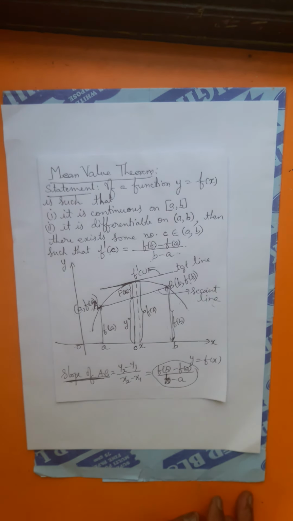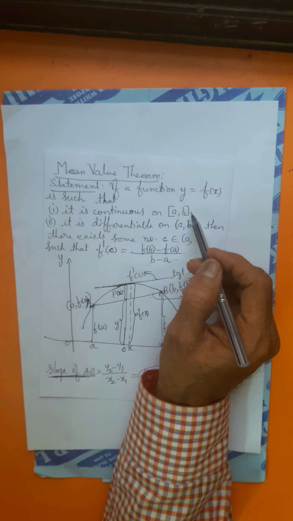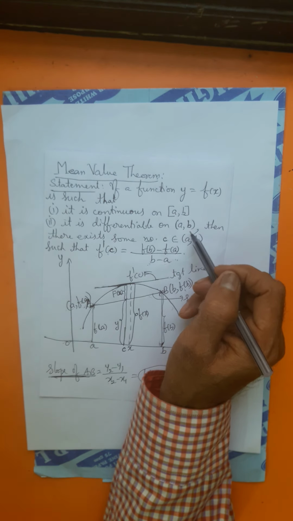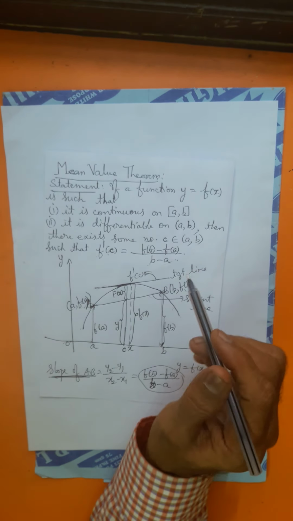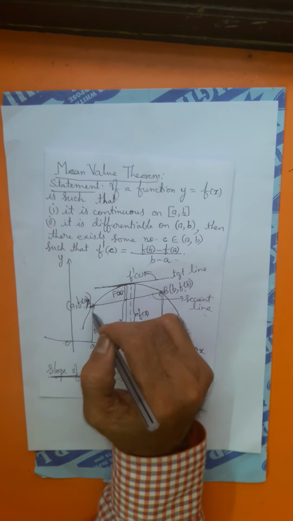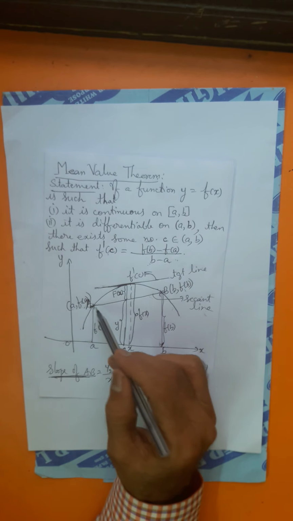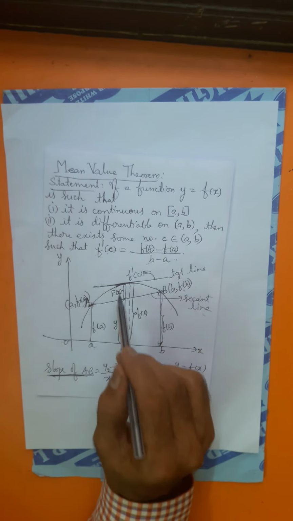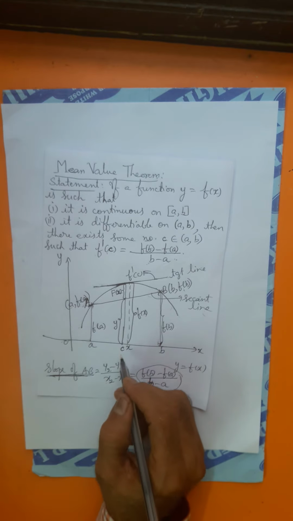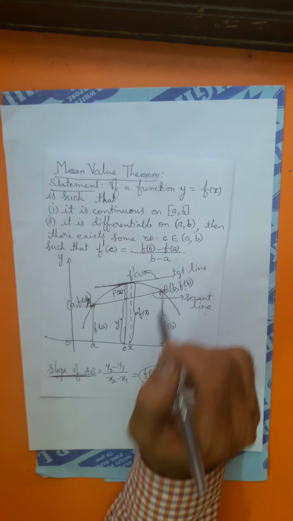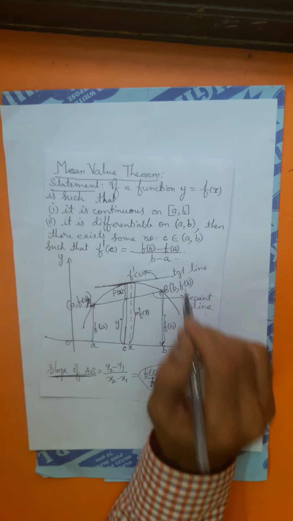If the function is continuous in the closed interval ab and differentiable on the open interval ab, then at some point c between a and b, the tangent line is parallel to the secant line. The slope of the tangent line is equal to the slope of the secant line. If the two slopes are equal, the lines are parallel. That is the geometrical meaning.